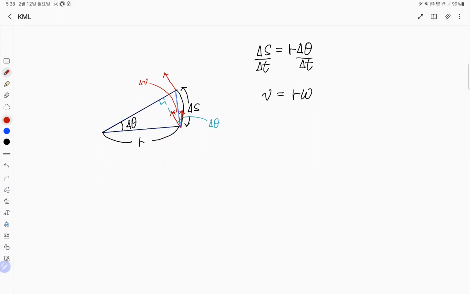So if we compare the two triangles, delta theta is delta s over radius, and that's close to delta v divided by the tangential speed.